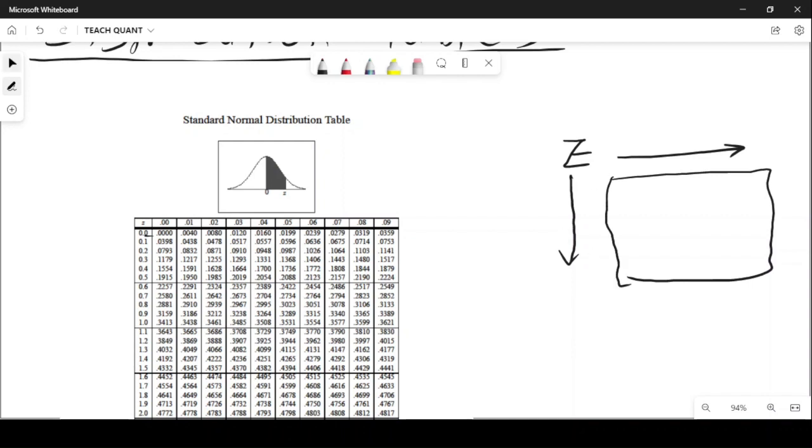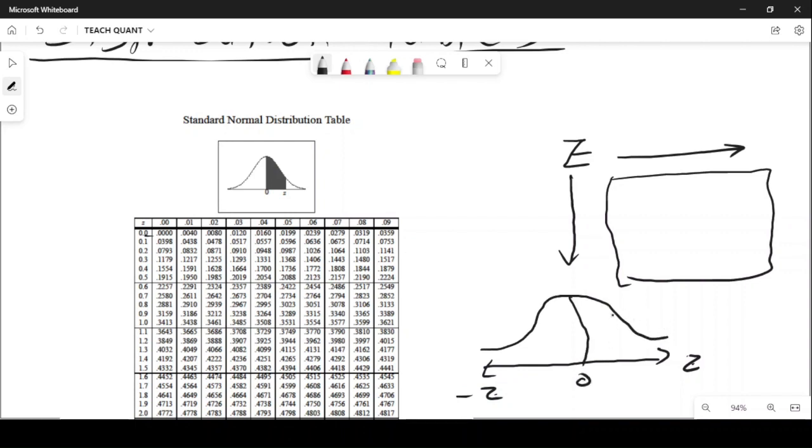So we'll be looking at the z values, and the diagram on top tells you the area from 0 to z. So what we normally have is this: the z axis, both the negative and the positive, and the center is at 0.